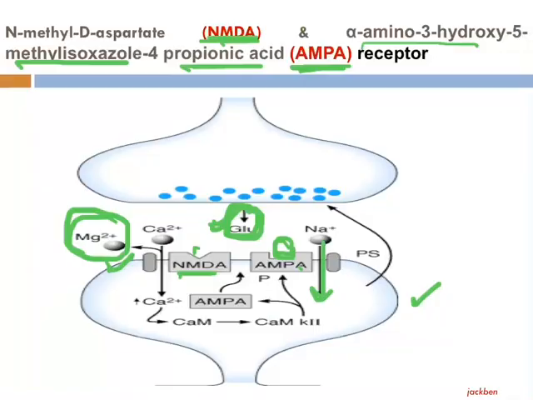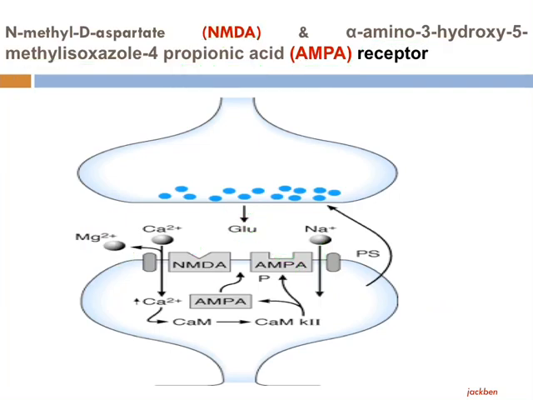So, we can say if there is only the NMDA receptor and glutamate is getting released, it won't open up. Glutamate will come and get attached over here, but the magnesium is blocking this channel. So, there won't be any inflow or outflow of ions through the NMDA receptor.